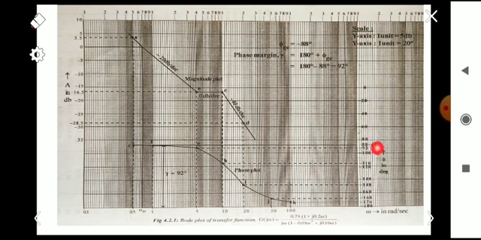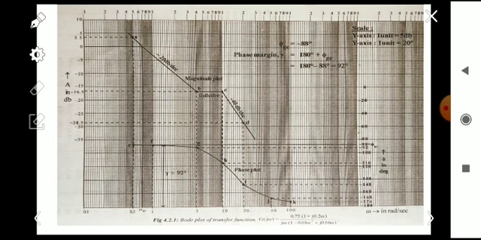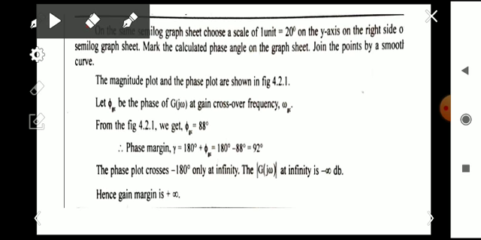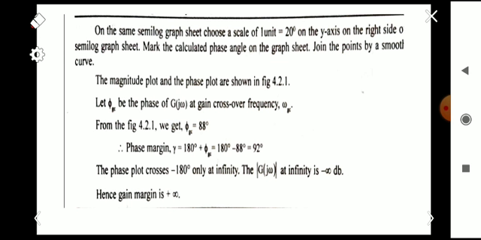From this graph, this phi gc is minus 88. So for finding the phase margin gamma, the equation is gamma equals 180 plus phi gc. So phi gc is minus 88, so 180 minus 88 becomes 92 degrees. So 92 degrees is the phase margin.